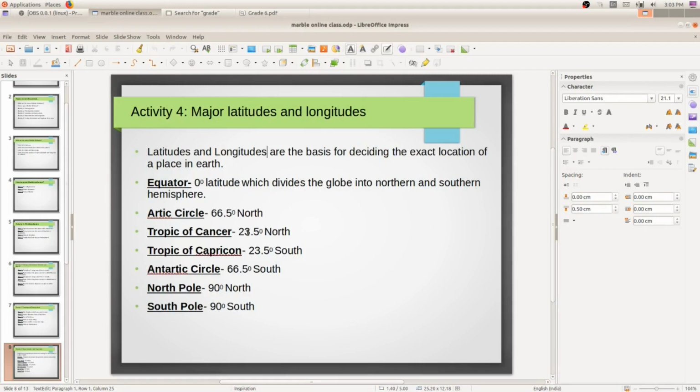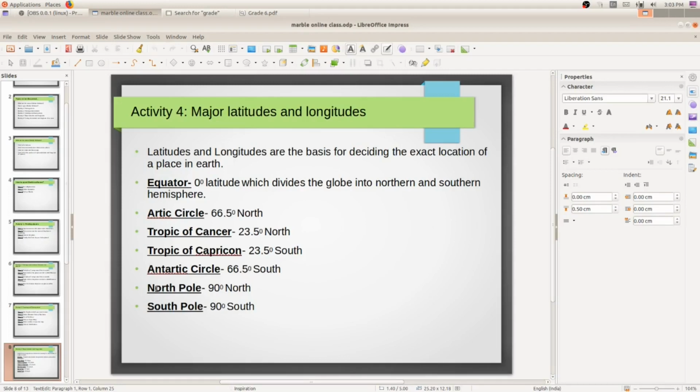Tropic of Cancer is at 23.5 degree north. Okay, and the next two, Tropic of Capricorn and Antarctic Circle, are in the south side, in the southern hemisphere, and you note down the degrees: 23.5 degrees south, 66.5 degree south.